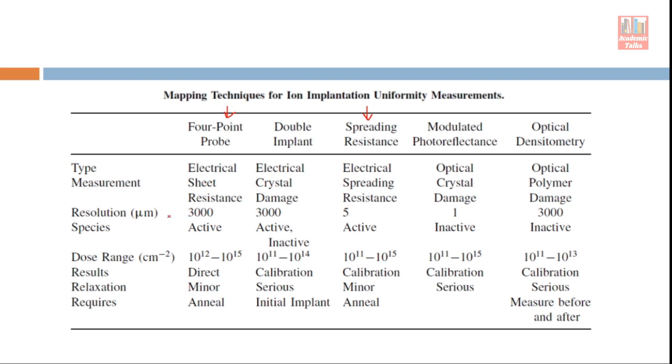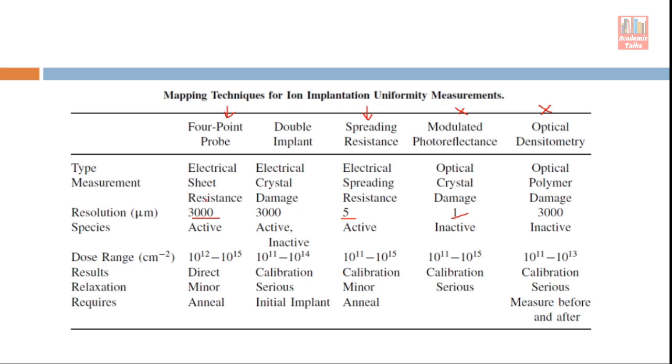If you compare resolution, you see here 3000 micrometer, here 3000 micrometer, here 5 micrometer. This technique gives you very good resolution, but right now we are not interested in discussing this, because these are optical techniques and very sophisticated instruments are needed for them. We are focusing on the electrical techniques.